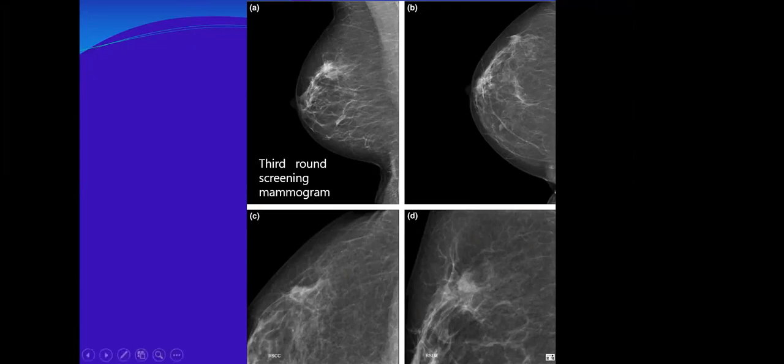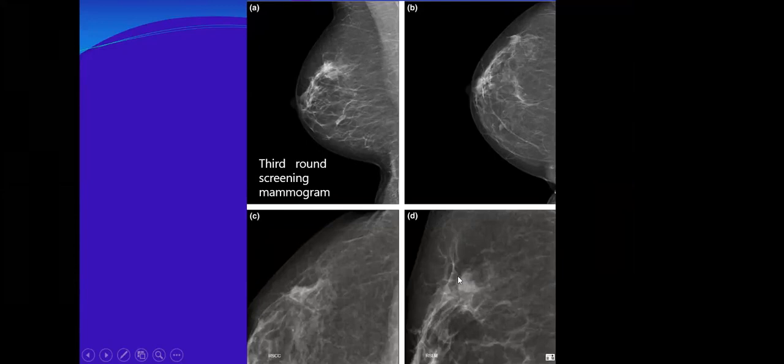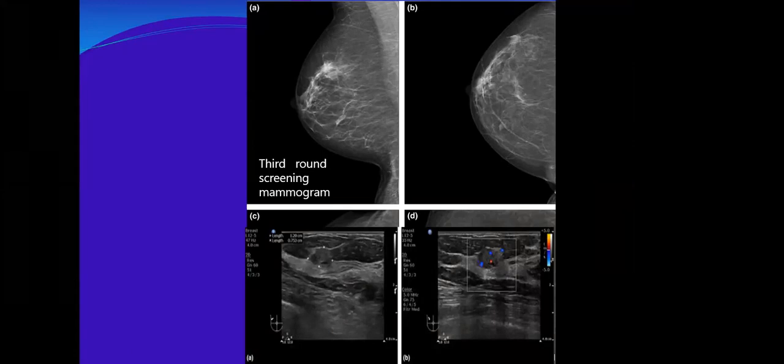I could not well appreciate it, it might have become denser, but the conspicuity of a mass is not very good. Here in this view it might give some impression of being more focal. It might be a mass, but there is some distortion in the area, and I have to go for ultrasound. And this is the ultrasound.